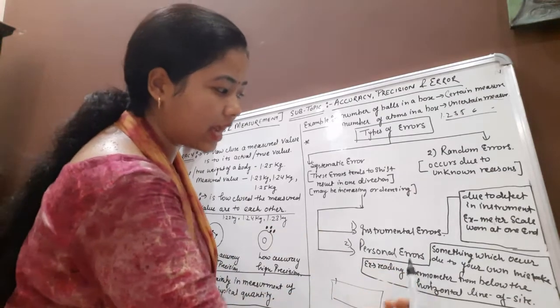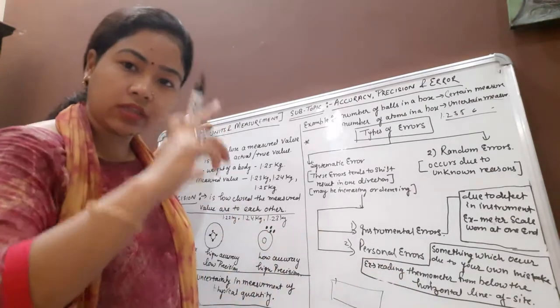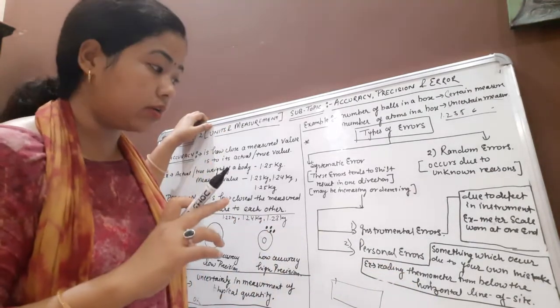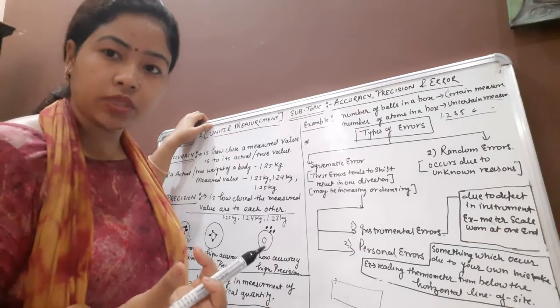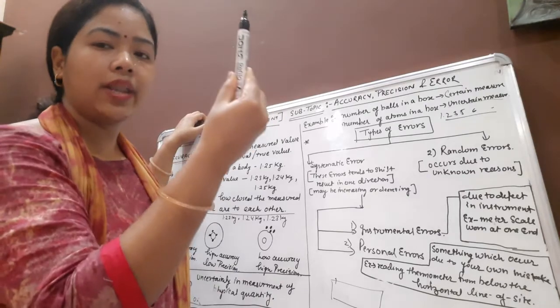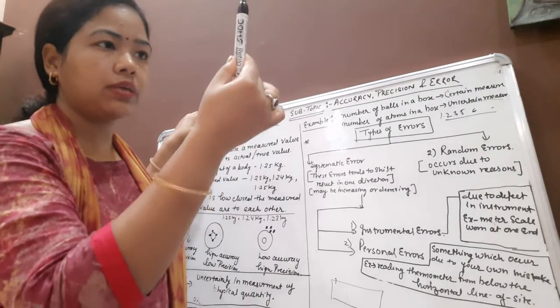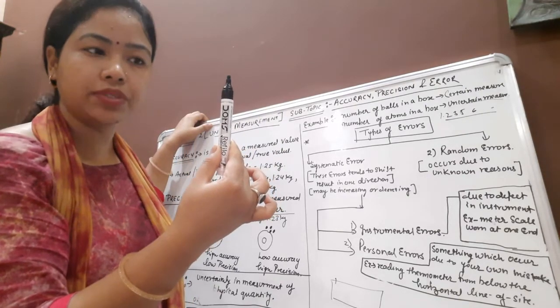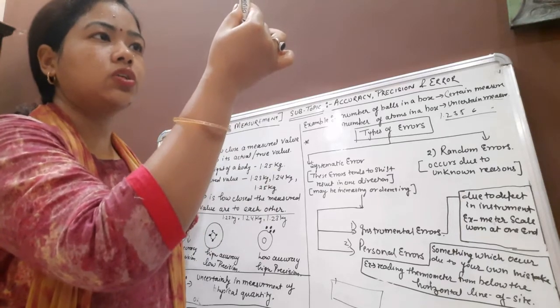Now suppose we are taking a reading from a thermometer, and we are not holding it to read in a correct manner. Suppose the reading is taken below the horizontal line of sight, or above the horizontal line of sight.